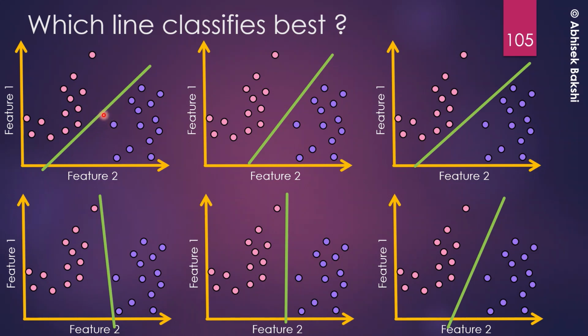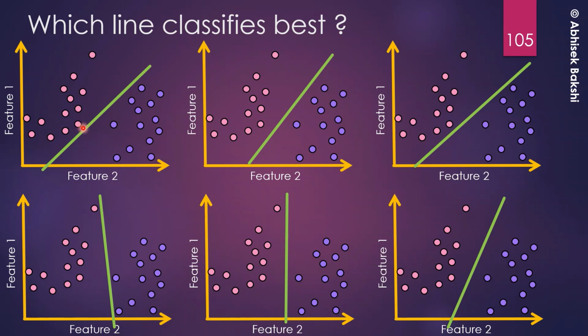Something like this particular distance, or maybe this distance, or maybe this one. And the smaller this distance is, the probability of this point getting classified on this particular side will be very low, right?